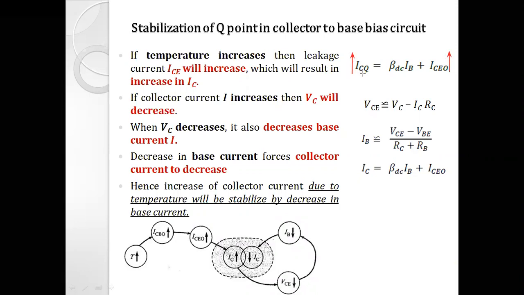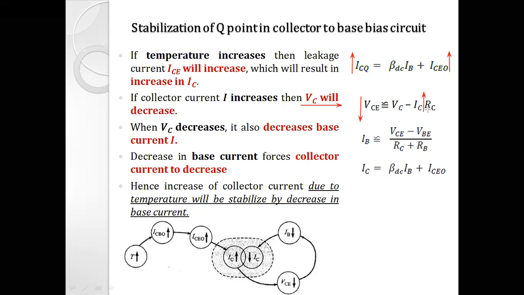And if this IC gets increased, then what happens? If the collector current increases, then VCE will decrease. What is the reason behind it? The reason is over here. If IC increases, then obviously VCE decreases. Why?